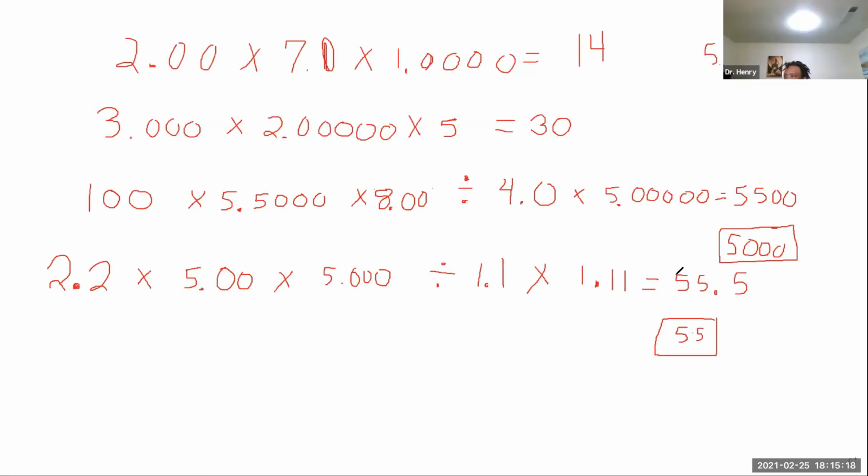So what if I did this? It would be 60, right? So in that case, it would be 60, because then you'd have another 5.